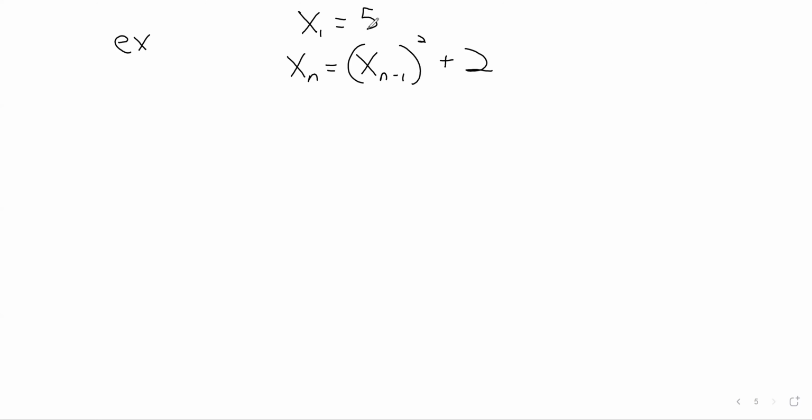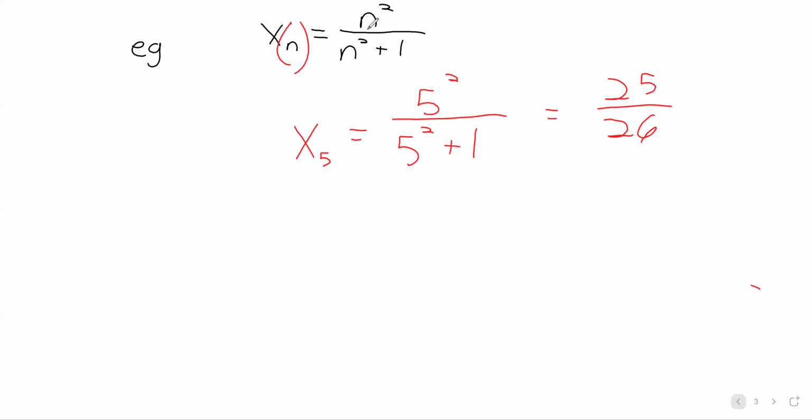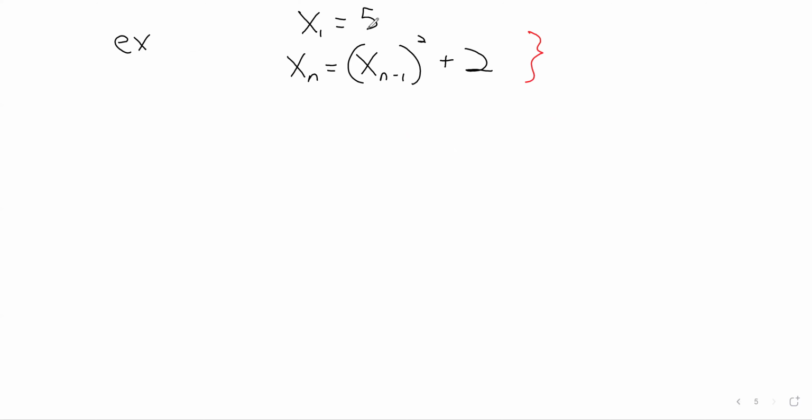I've given you this equality, which looks a lot like what we had there. And I've given you this so-called initial condition. And we need both of those to define a sequence recursively.